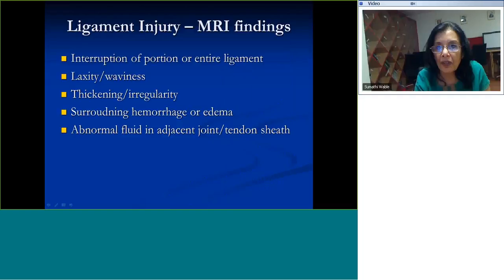So what are the things that we look for in ligament injury? You want to see a single straight line of low signal in all pulse sequences. So if there is interruption, portion of or the entire ligament is not visualized, laxity or waviness, thickening, and also surrounding signal changes.